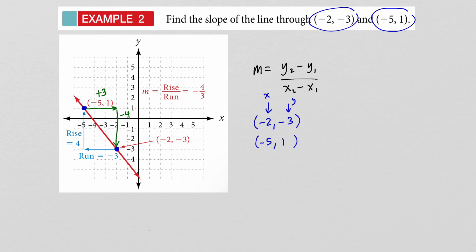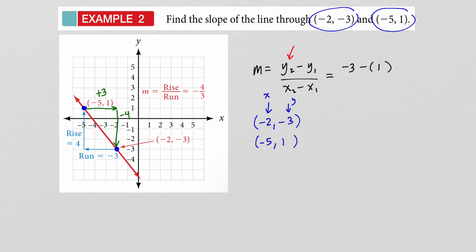So when I go to compute the slope using the formula, I'm simply going to start at y2. Now which one is y2? Is it this one or is it this one? It doesn't matter. Okay, it does not matter which one you call y2. Let me call this one y2. So I'm going to start with -3, that's y2, minus, and then I have to subtract y1. Well, if I say this is y2, then this one has to be y1.